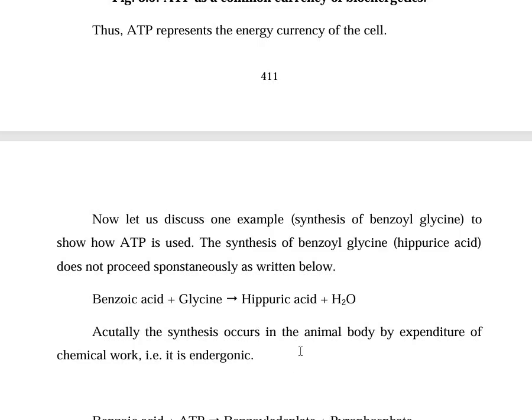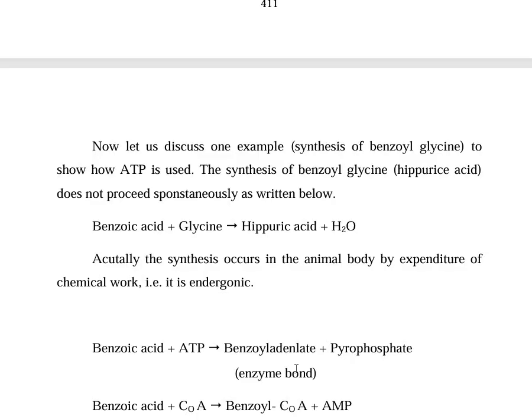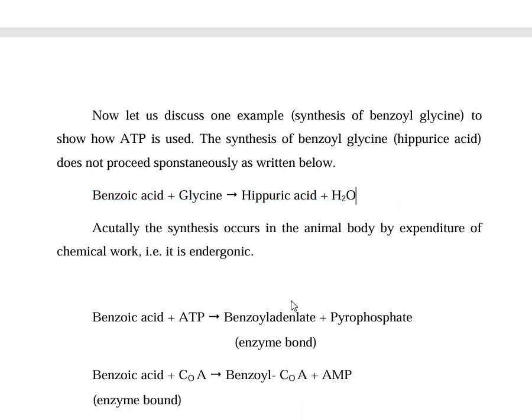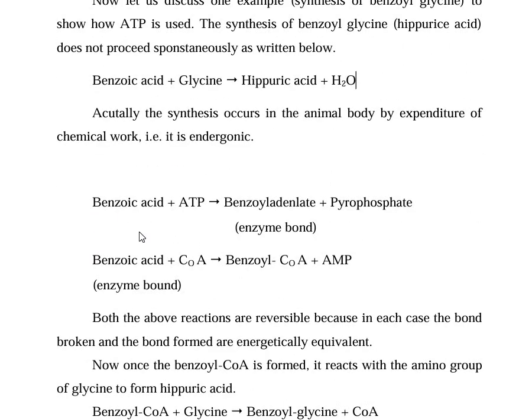This reaction does not occur very easily. Actually, the synthesis occurs in the animal body by expenditure of chemical work, and it is endergonic. So this reaction does not happen easily, but you can do this reaction in an animal body.